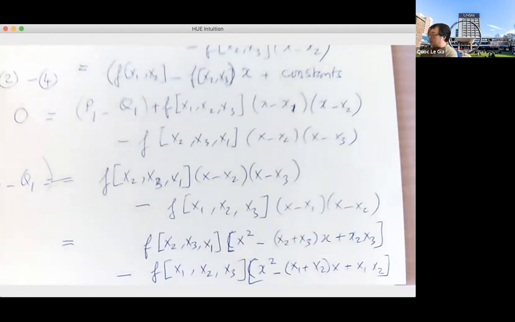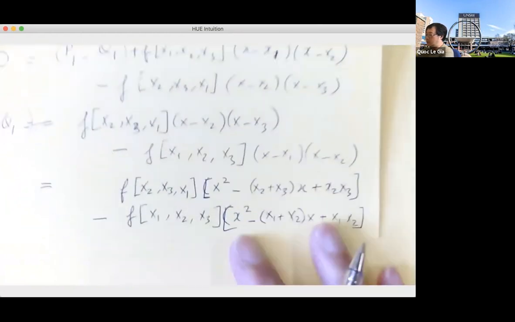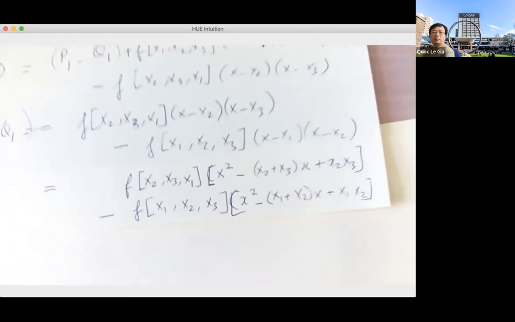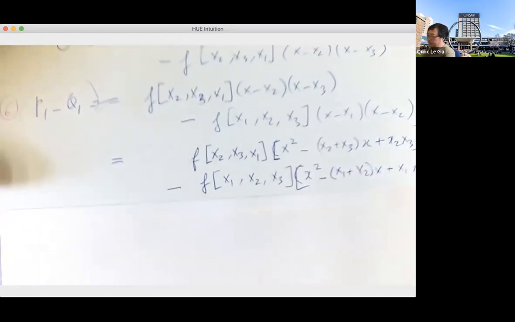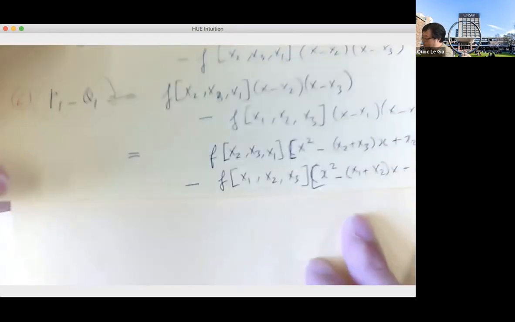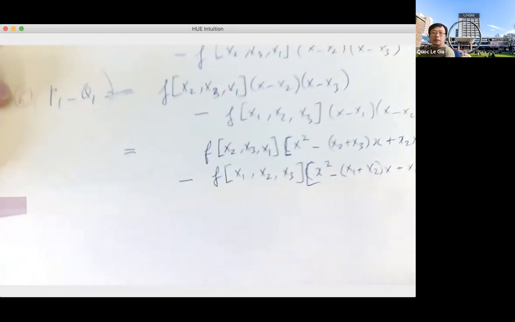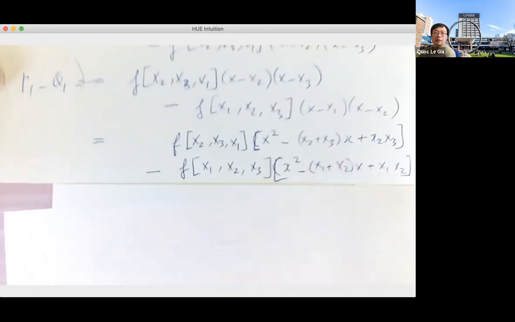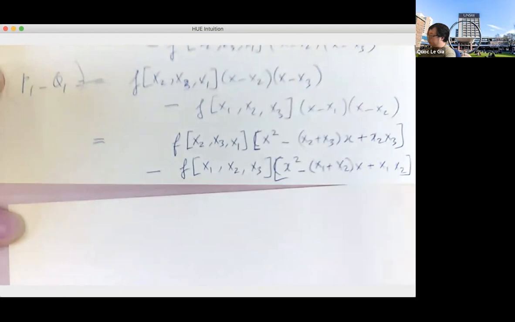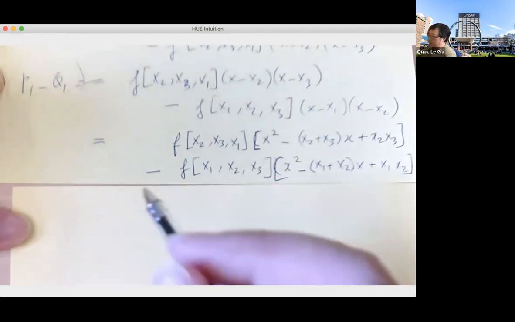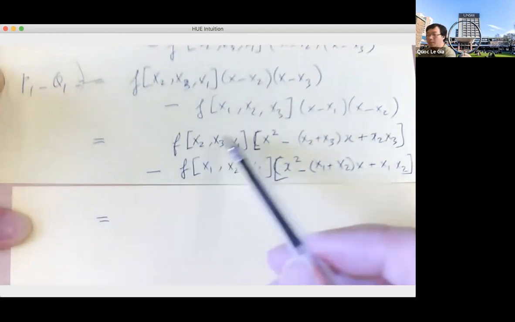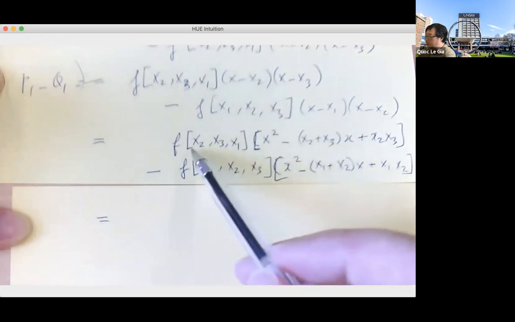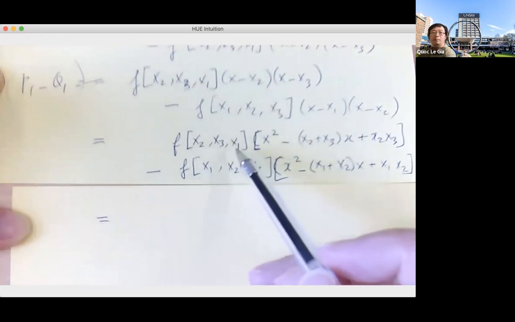Now I just made a bit longer calculation, but essentially I just follow the line before. If you see that the x squared got cancelled, then there's no more x squared here because this coefficient is the same. Remember, just a coefficient from P2.